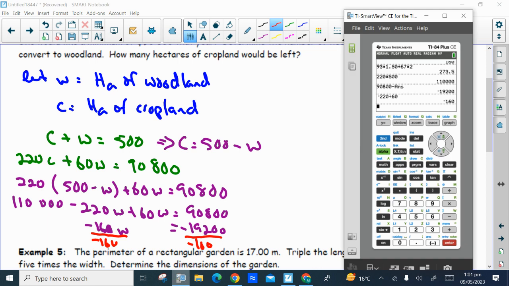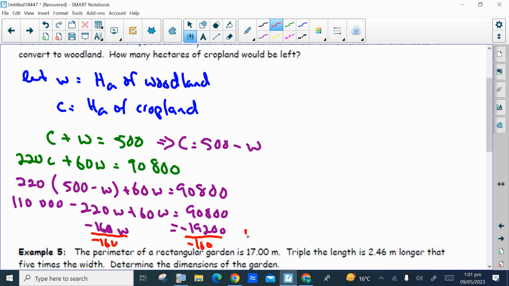So we'll take that negative 19,200 and divide it by negative 160. That gives us W to equal 120. So that's how many hectares she's going to convert into woodland.